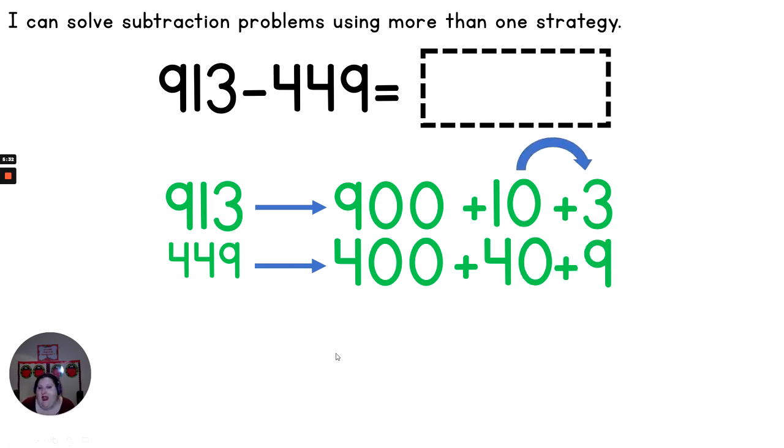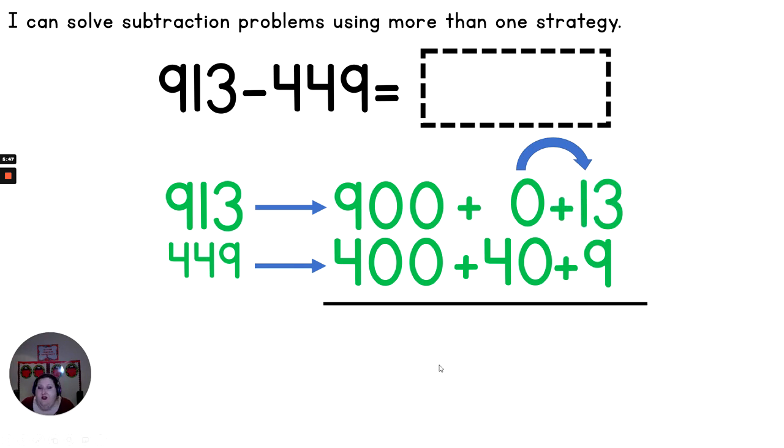So we're going to have to take that 10 and combine it with our 1. So by doing that, we now have 0 tens, and that becomes 13 ones. We can solve 13 take away 9. That's 4.